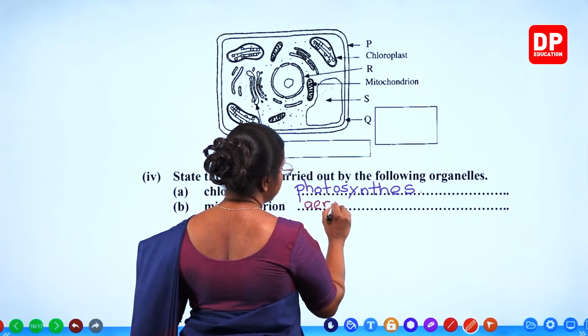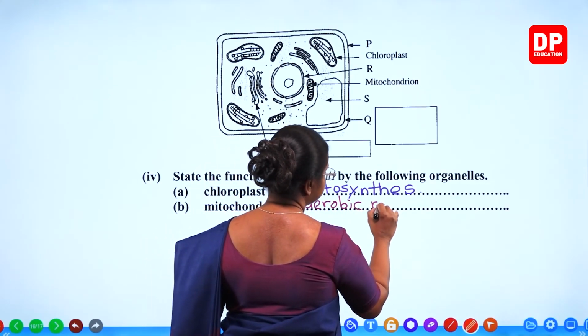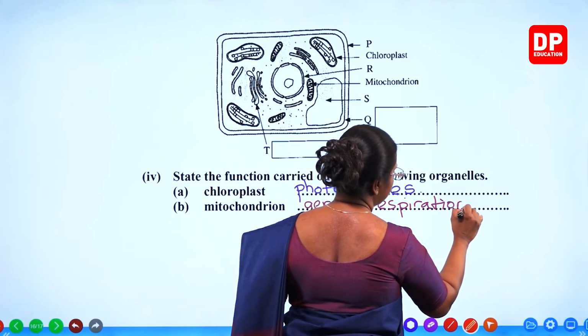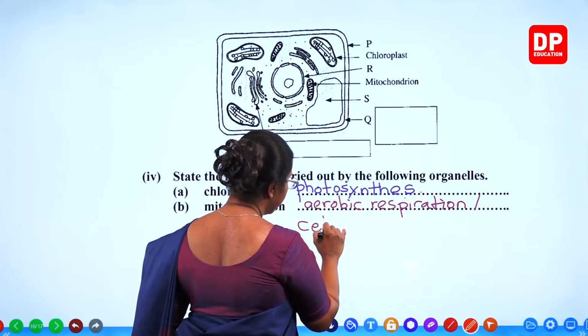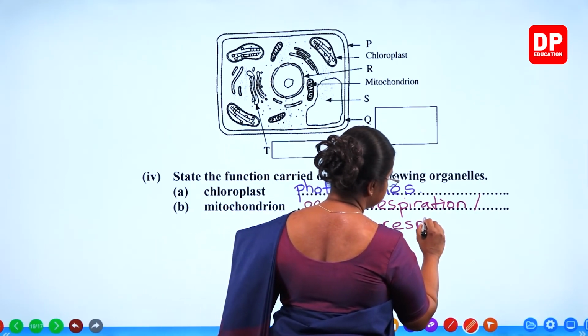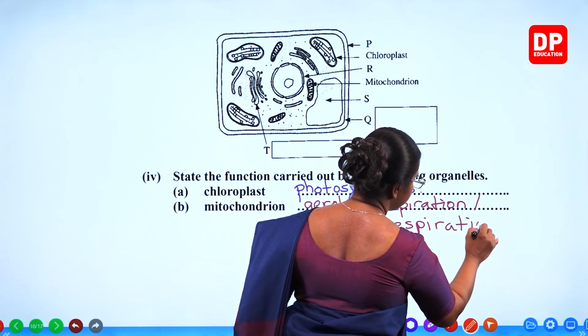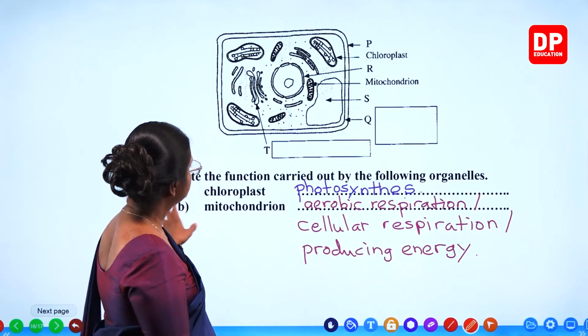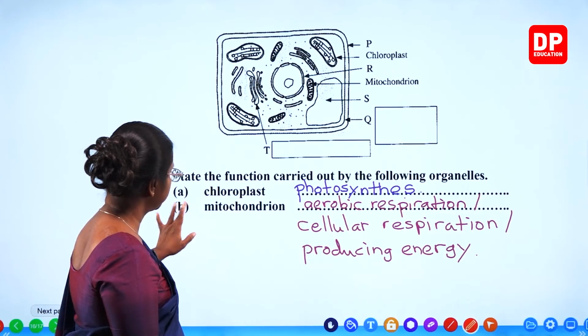Aerobic respiration, or cellular respiration, or producing energy. You can write any one of the answers. So these are the functions, students.